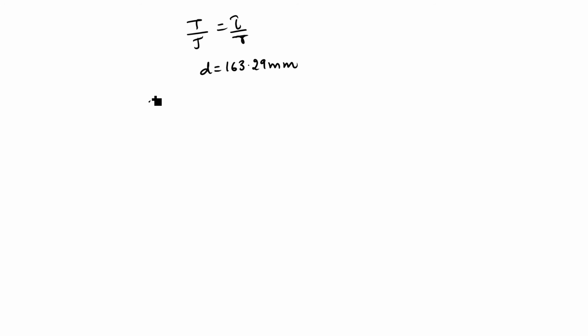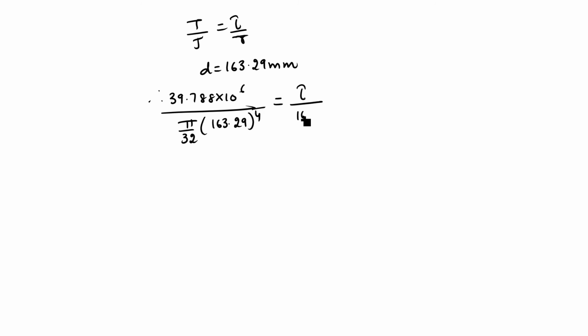Let's substitute here. I get 39.788 into 10 raised to 6 upon pi by 32, 163.29 raised to 4 is equal to tau is what I am trying to calculate, and this is 163.29 by 2, that is my radius. I get this value of tau as 46.54 Newton per mm square, and the value of tau given is 55 Newton per mm square.